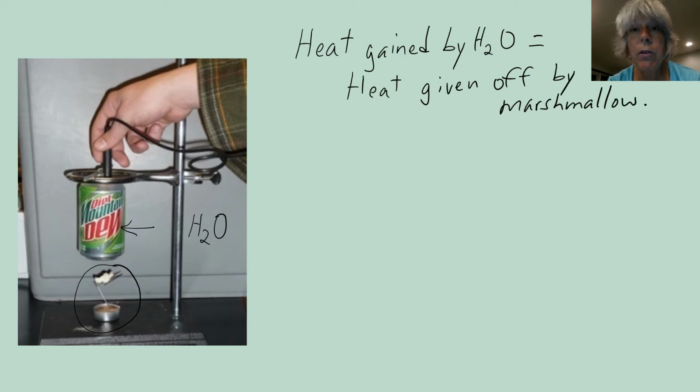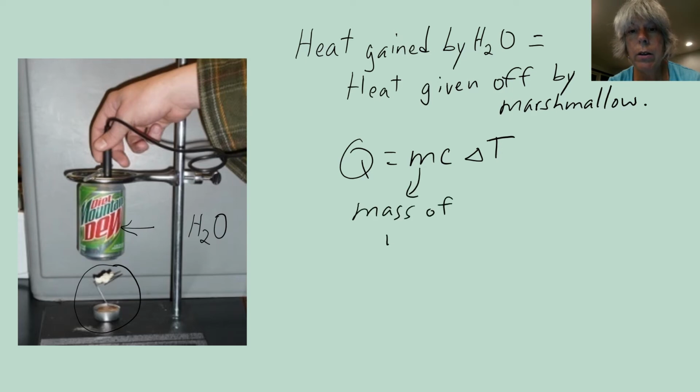So what we'll do is we'll use our Q equals mc delta T equation. M will be the mass of our water. C is the specific heat of our water.